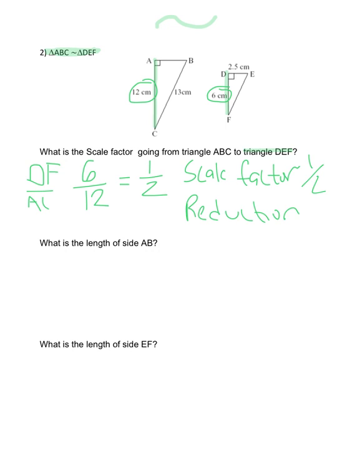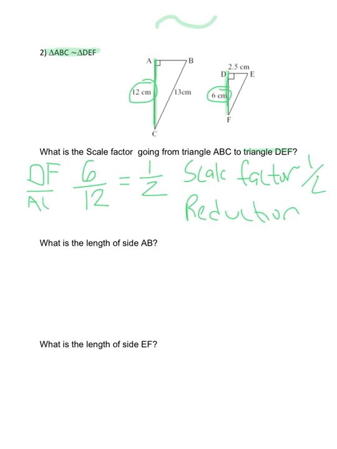In this case, it makes sense we're dealing with 1/2. In other words, that's telling us each side length on our second triangle, DEF, is half of triangle ABC. For instance, AC is 12 centimeters, side DF is 6. It's half of AC. Now we know for similar figures that these ratios are all equal.